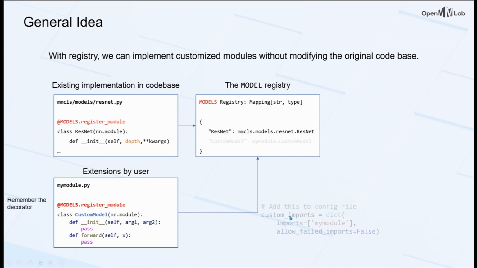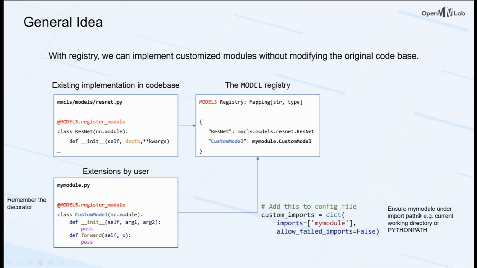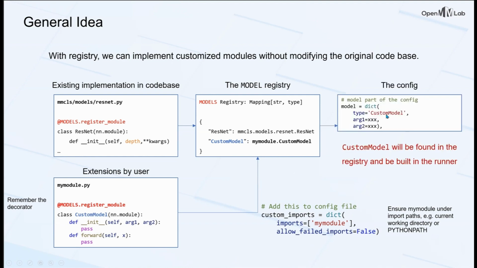You also need to ensure this module, which is actually this file name, is able to be imported, and you can put it under the current working directory or some path under the Python path. After we do this step, we can specify the customized model in the configuration file.